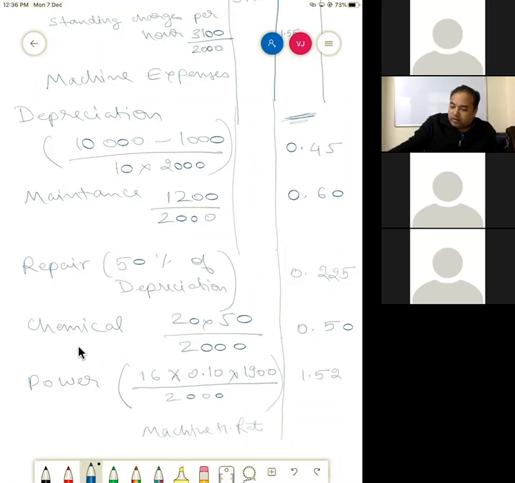So your machine hour rate, you added up all this: 0.45, and so on, carry 3, that makes it equal to 4.845.